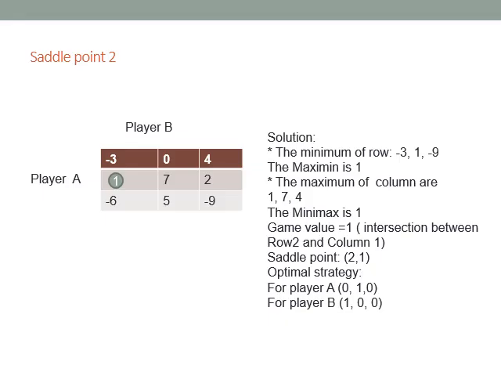Again, player A plays for maximum. That's why he is a maximum player. Player B plays for minimum. That's why he is a minimum player.